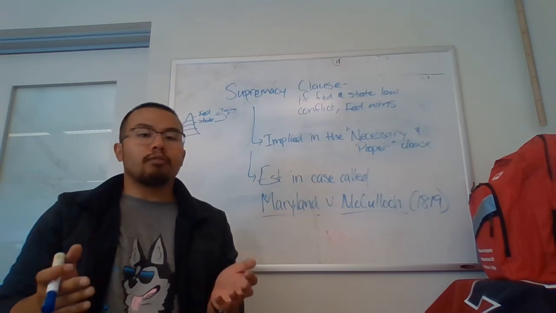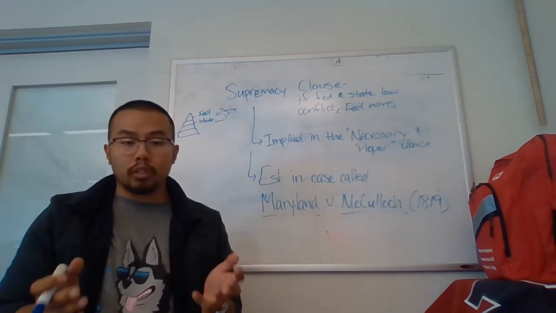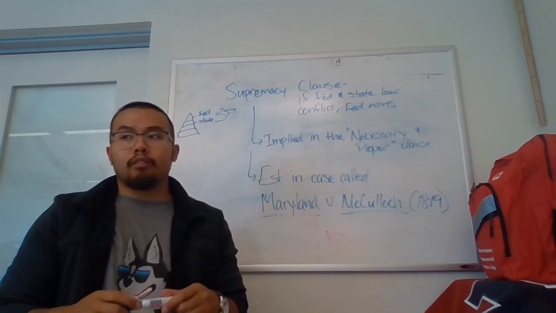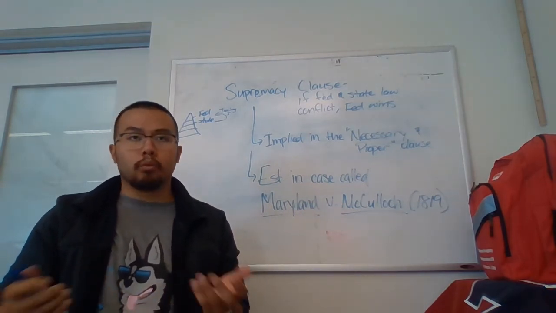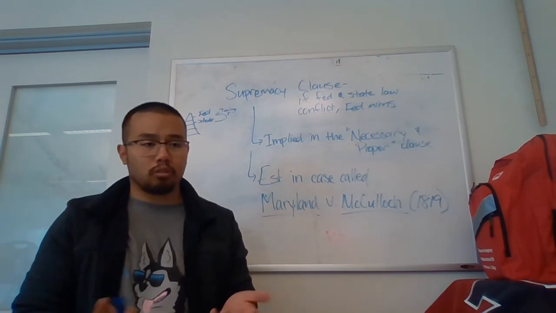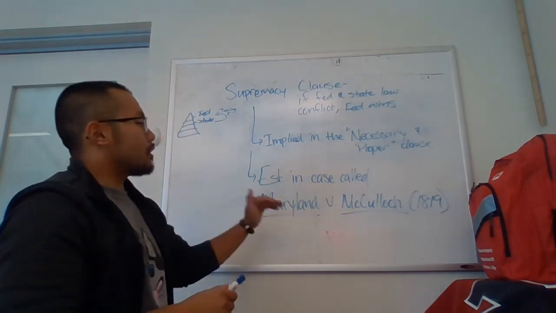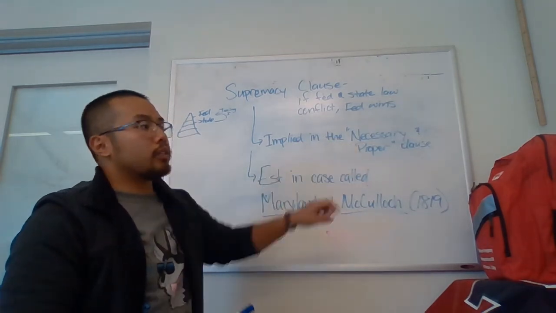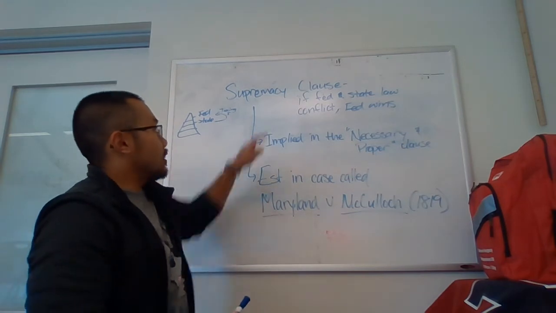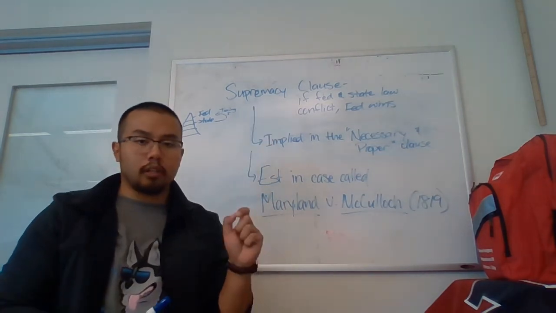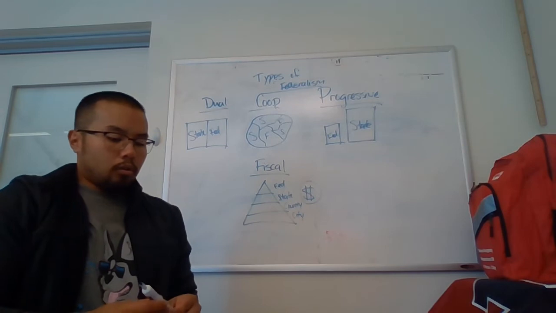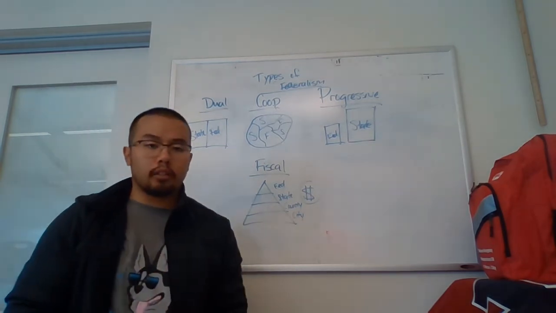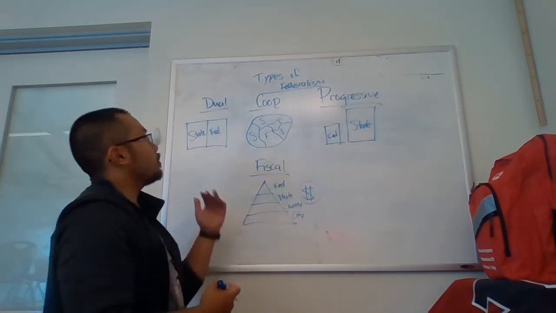If sometimes it doesn't win, what's the point of giving Congress power? If you knew that something could just be overridden, you would never follow the rules. And so through the necessary and proper clause, it was implied that a supremacy clause was established.